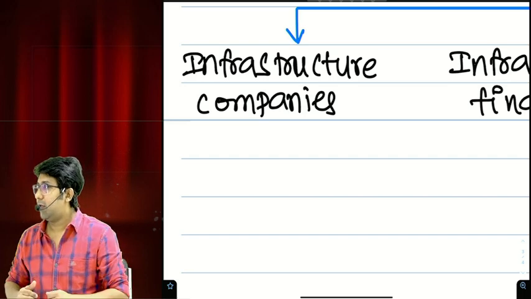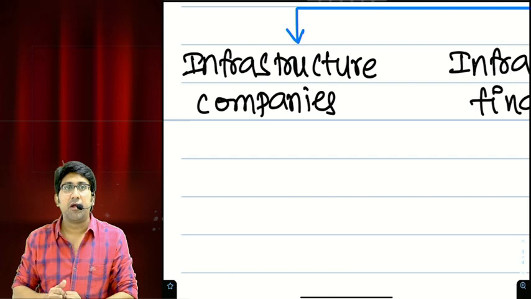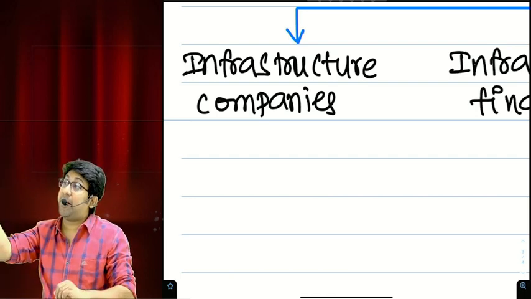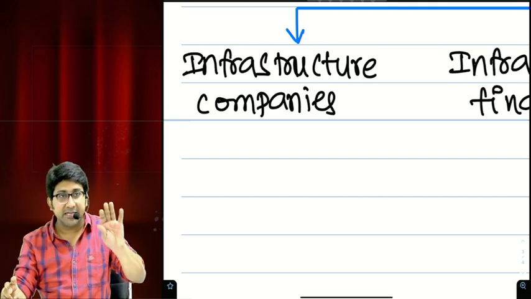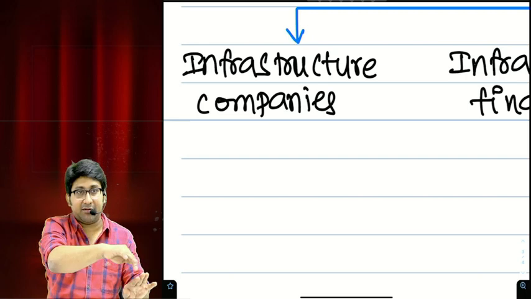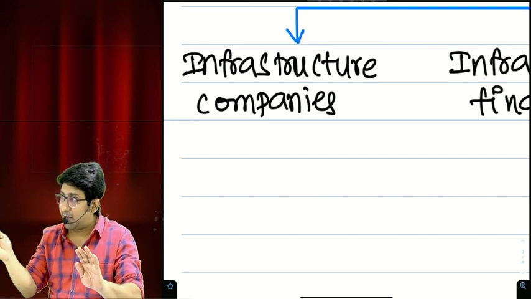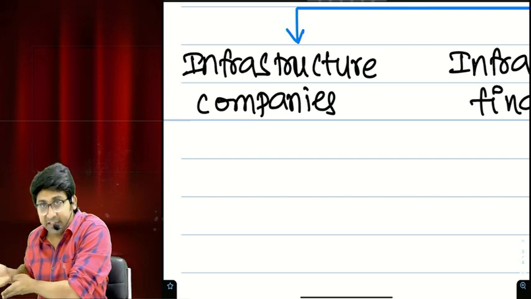When I am not prosperous, how can I make you happy? So generally, infrastructure companies and debt financing companies are in a much more dangerous scenario. He is a beggar, begging from another beggar.